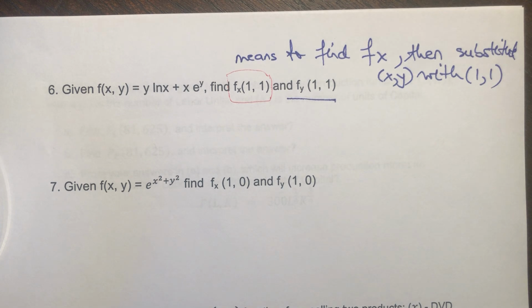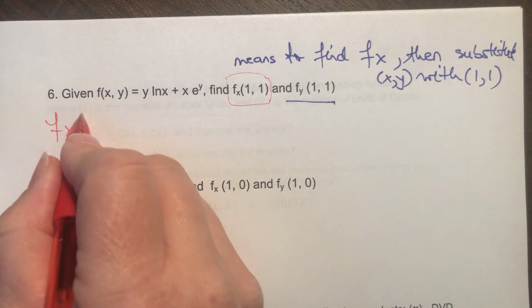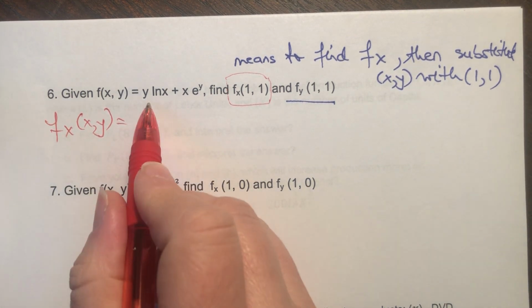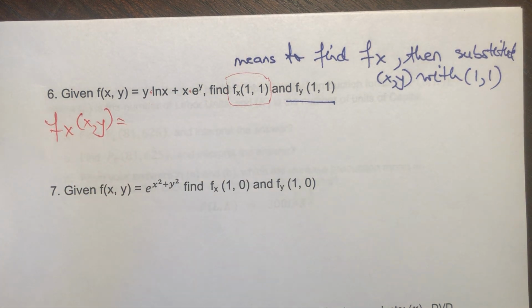Okay, so let's find the derivative with respect to x first. All right, well, here it is. Both of these terms are a product, so they have both x and y mixed in together.